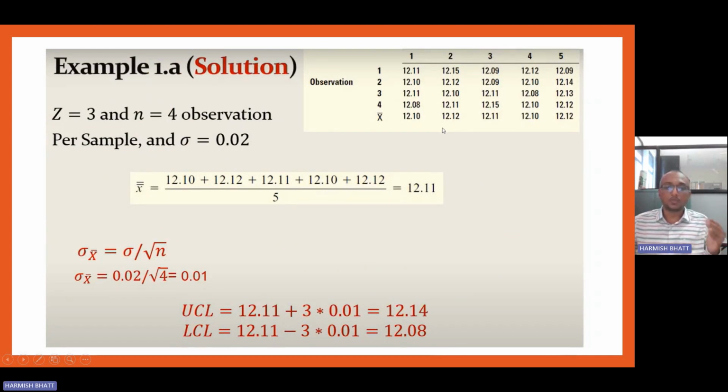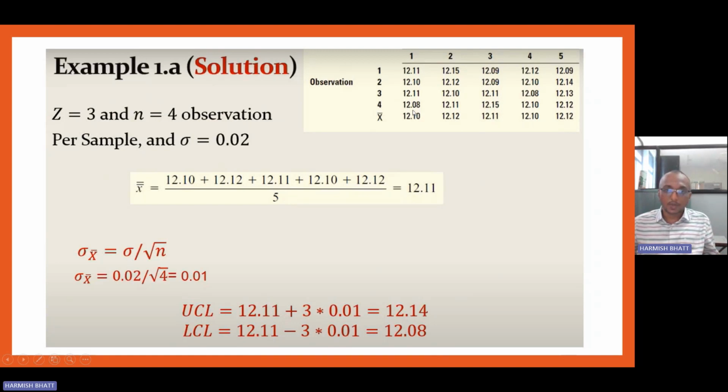If it crosses the UCL or LCL, then we can say that the process is not under control. But if all the x bar values lie between the UCL and LCL, then we can say that the process is under control. Okay, so let us check whether this particular process is under control or not.